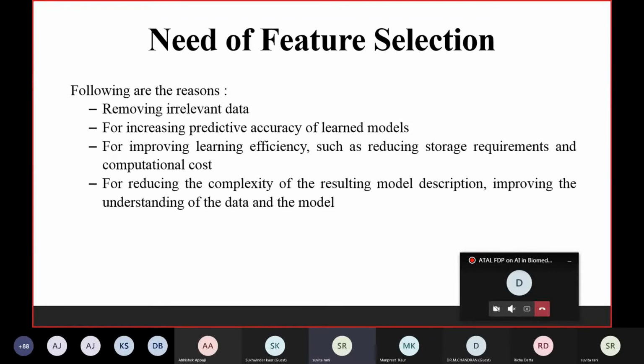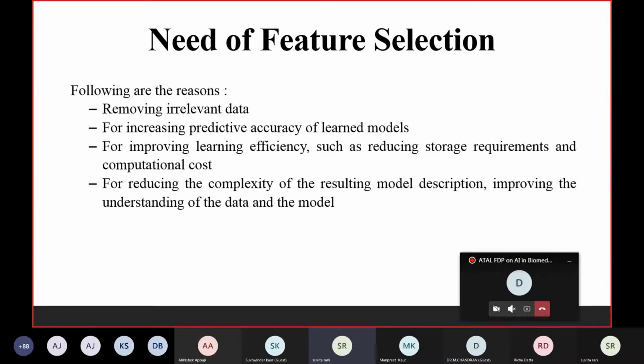Then what is the need behind feature selection? First, we have to remove irrelevant data, the data which doesn't play any role in the classification task, and increase the predictive accuracy of the learned model. Irrelevant or repeated data also increase the computational complexity and may affect the accuracy of the learning model.